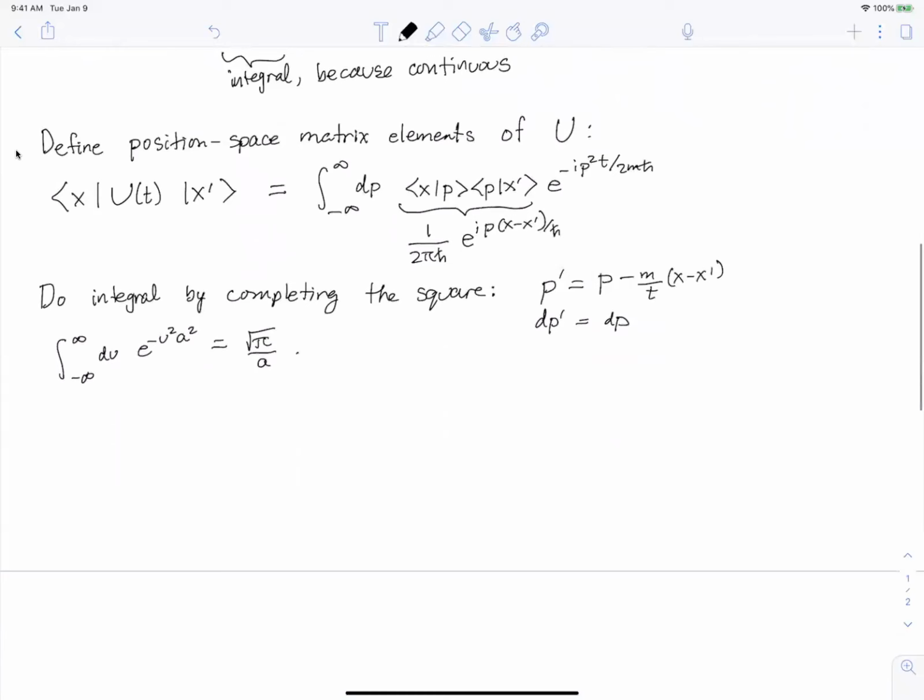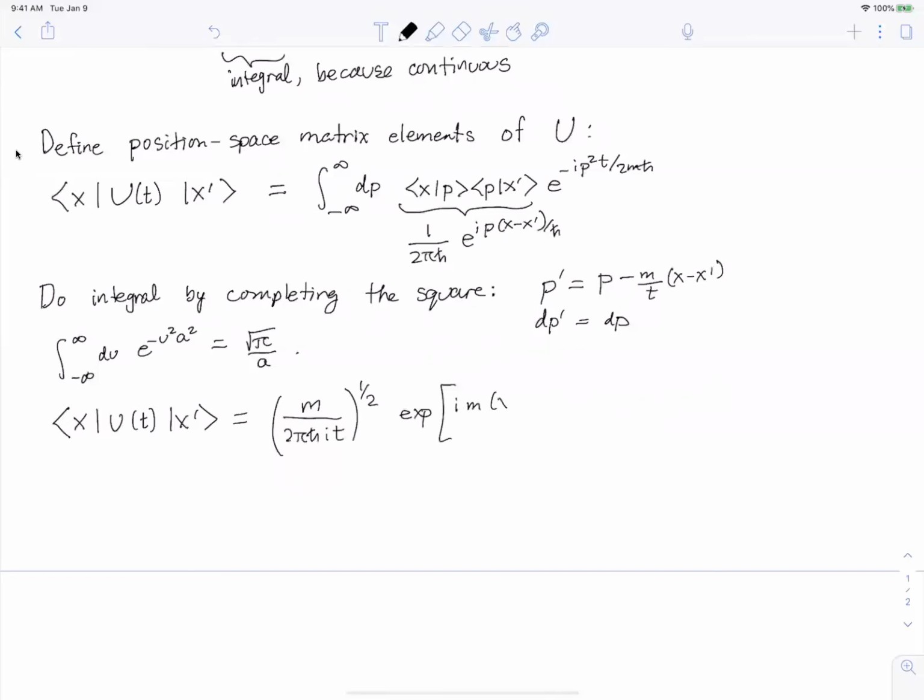Okay, and so now plugging all that stuff in, you can do the integral and you should find x u of t x prime is equal to the following: m over 2 pi h bar i times the time to the 1/2 power times an exponential of i m x minus x prime squared over 2 h bar t.